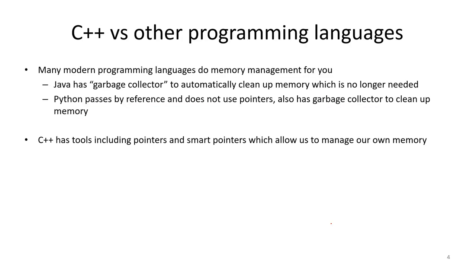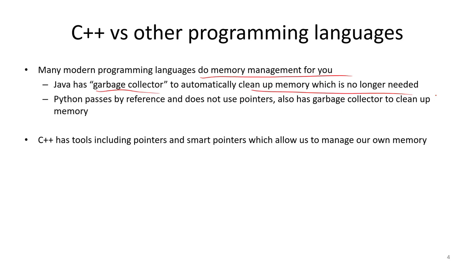You'll remember that we did some discussion in Lecture 1 about C++ compared to other programming languages. And it turns out that many programming languages actually do memory management for you. For example, Java has a garbage collector that automatically cleans up memory when the memory is no longer needed.